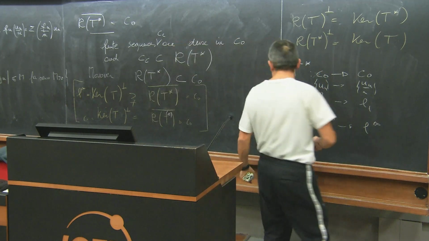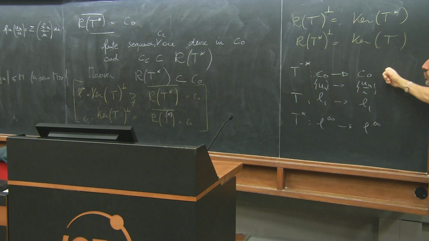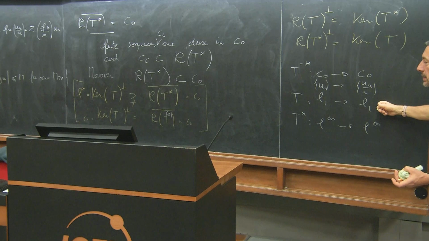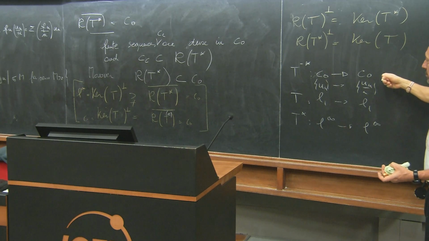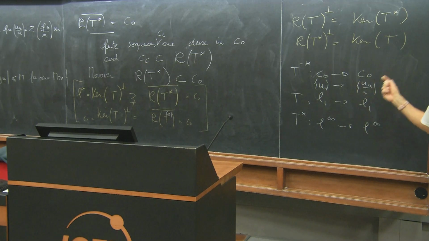So the second formula, I apply between these two. So the kernel of T orthogonal is the range of T star here, but the range is dense in C0, so it is this C0.